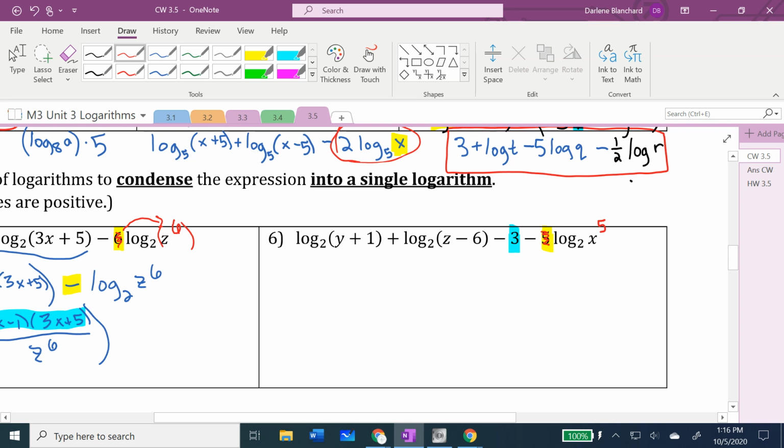But the lonesome 3, I have to use the inverse property. So I need to turn 3 into a log base 2 logarithm. And whatever is inside there is going to be inside there. But that expression needs to be equal to 3.